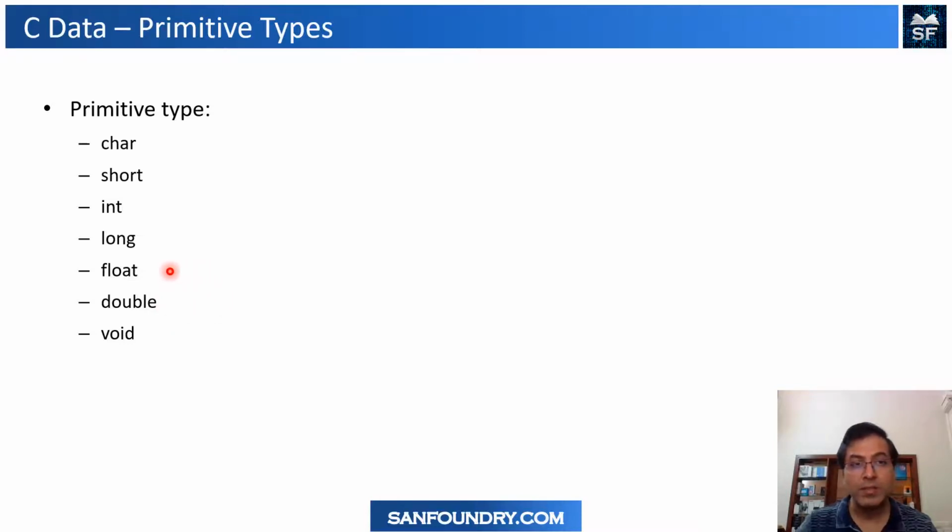Float was created where it can store up to 6 digits of precision after the decimal, 1, 2, 3, 4, 5, 6. So those 6 positions it can store. And double was created to store 10 digits of precision. So after the dot, you can have around 10 digits that it can store.